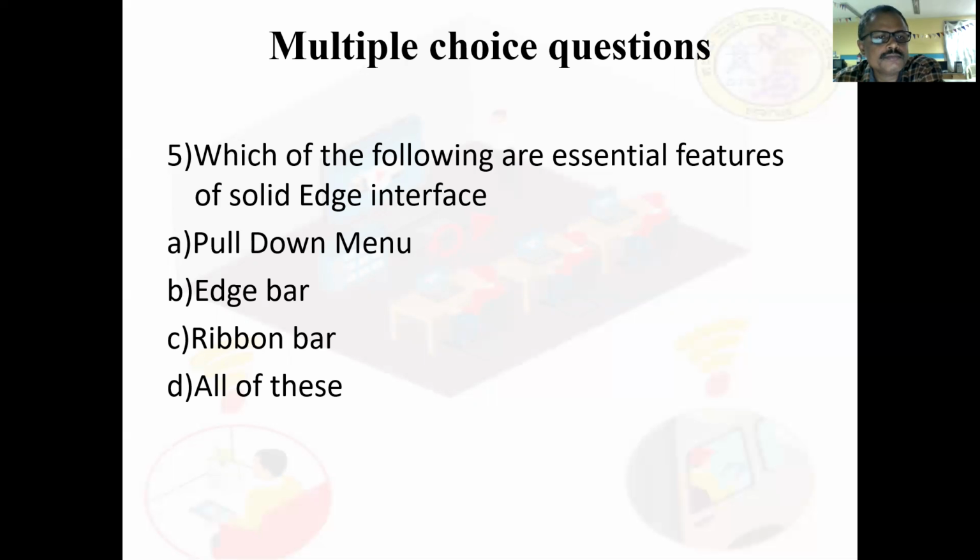You need the edge bar to know its menu tree or history of the model. Then you need the ribbon bar where the dimensions of the entity are displayed. All of this. So you need the pull down menu, edge bar and ribbon bar. All these things are essential Solid Edge interface features.